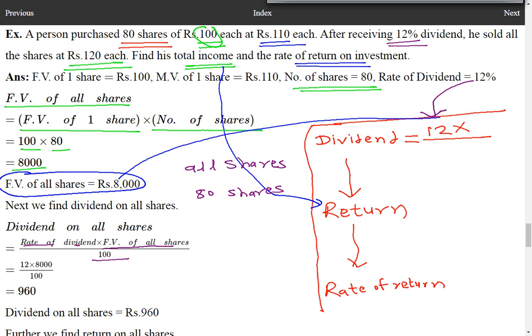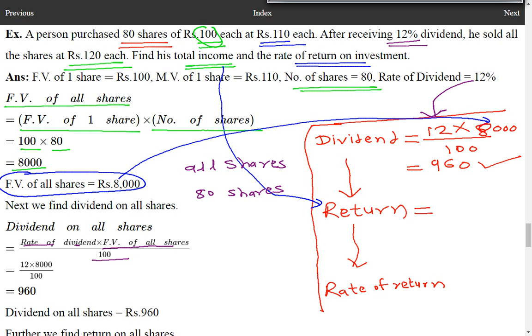We have seen face value of all shares as 6,000. So 12 into 6,000 divided by 100. Sorry, it is 8,000. So 12 into 8,000 divided by 100, and that equals 960. So the answer is dividend is equal to 960.